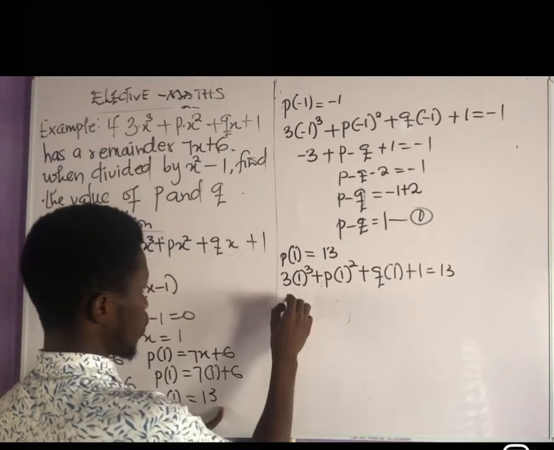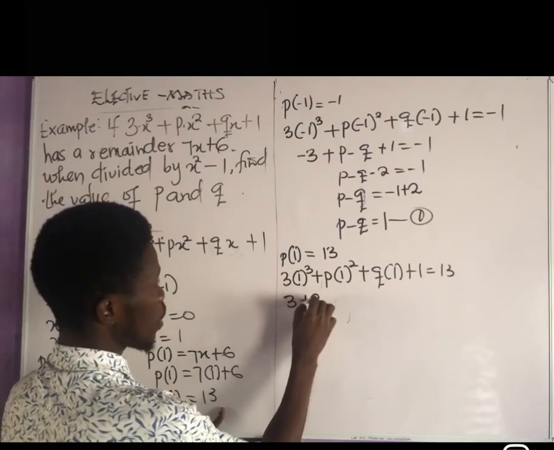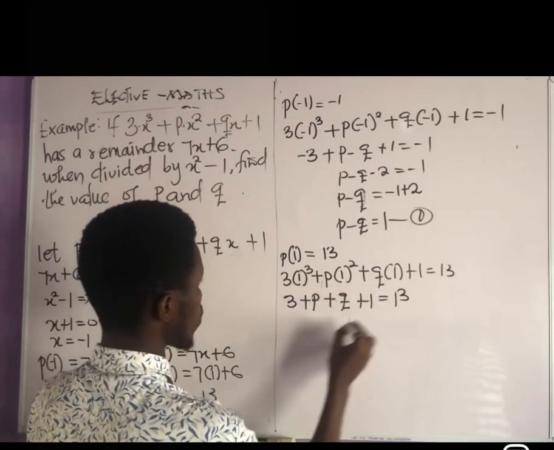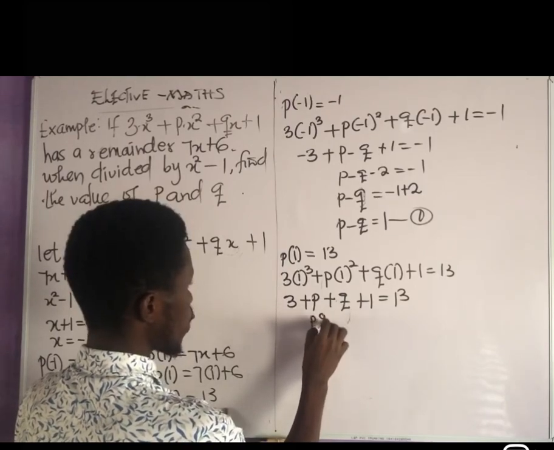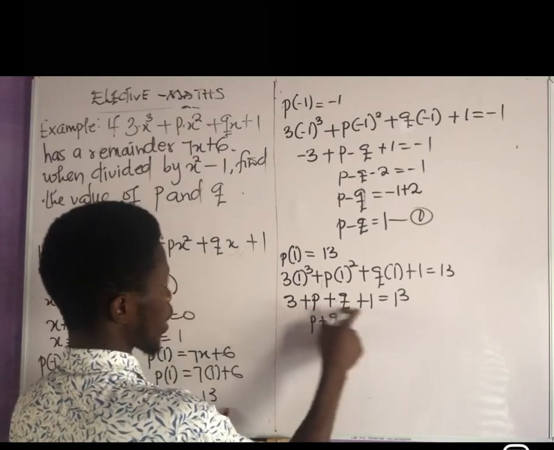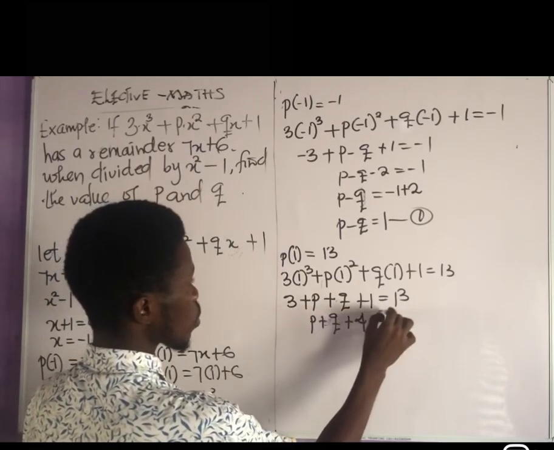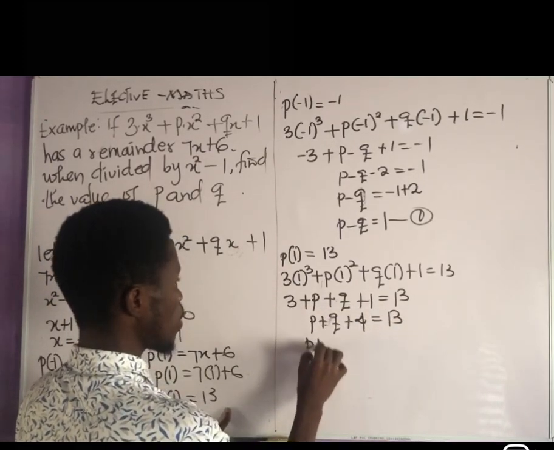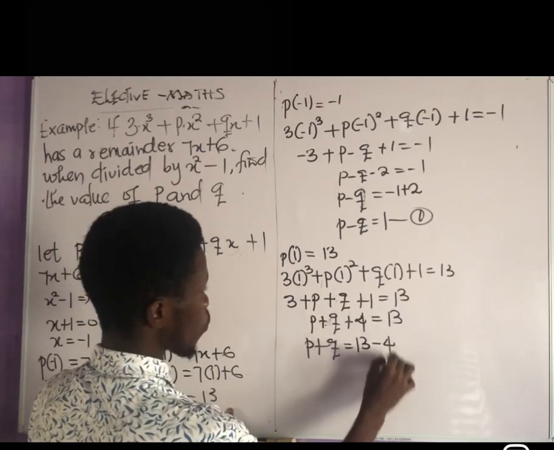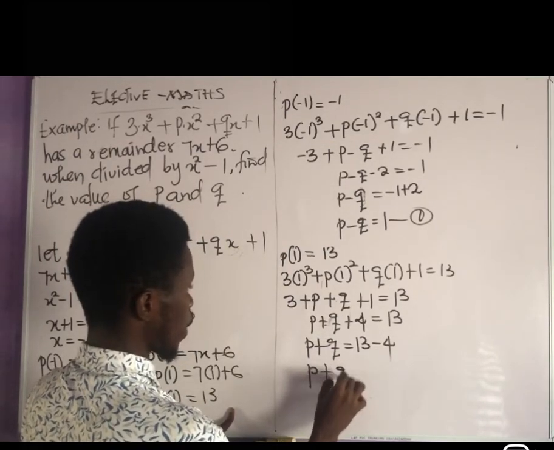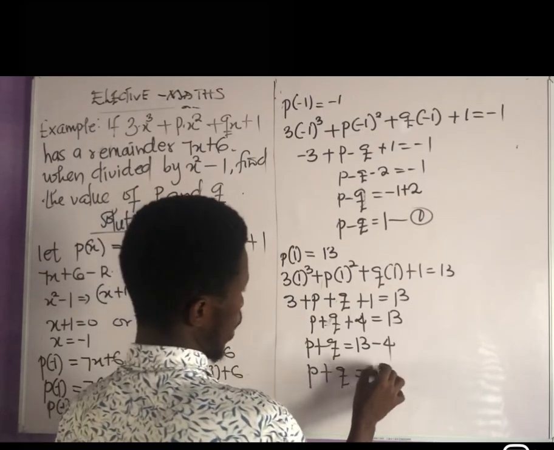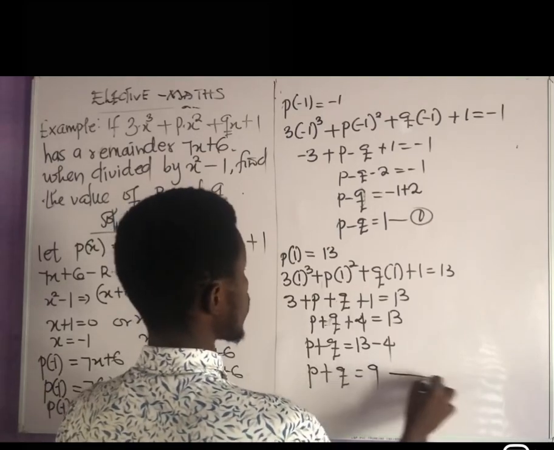This gives 3 plus p plus q plus 1 equals 13. So p plus q, 3 plus 1 is 4, equals 13. So our p plus q will give us 13 minus 4, so p plus q will give us 9. This will be equation 2.